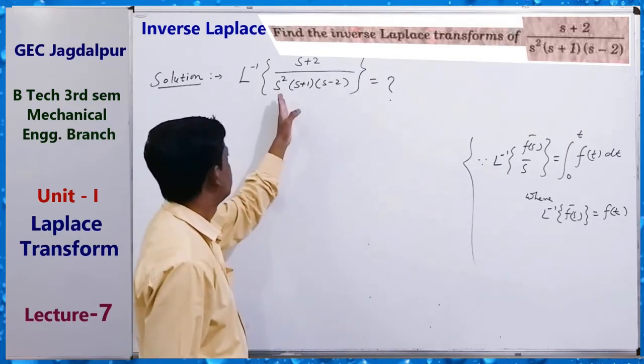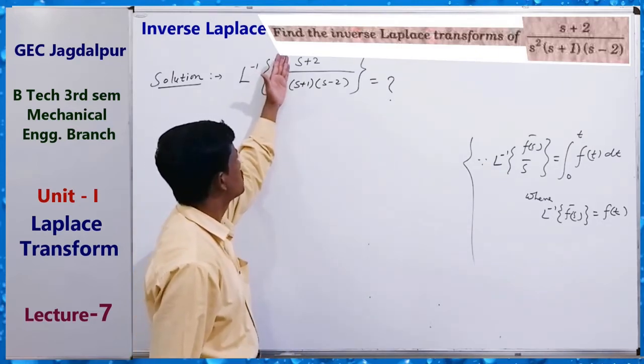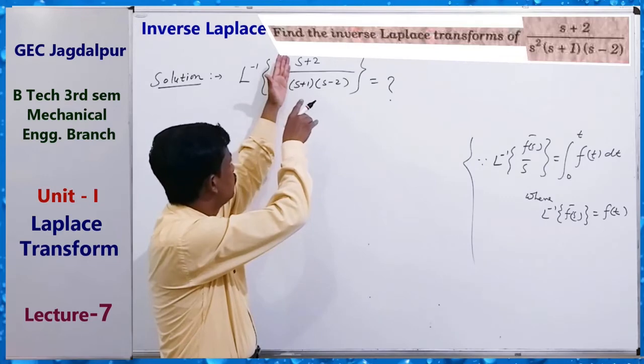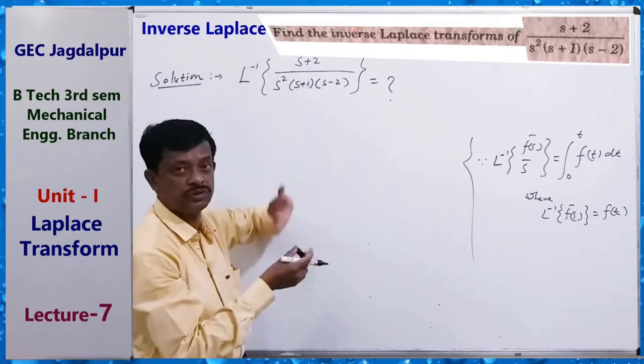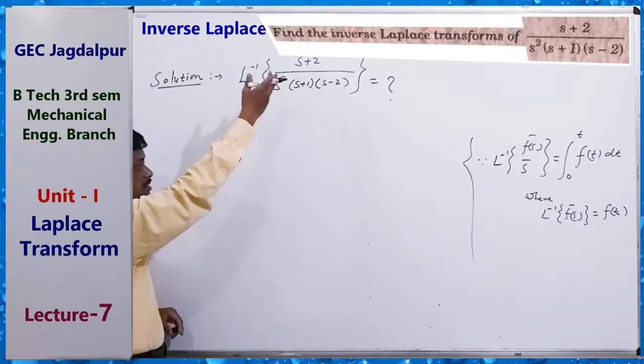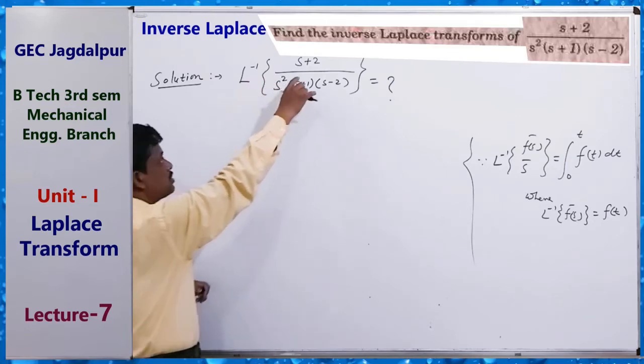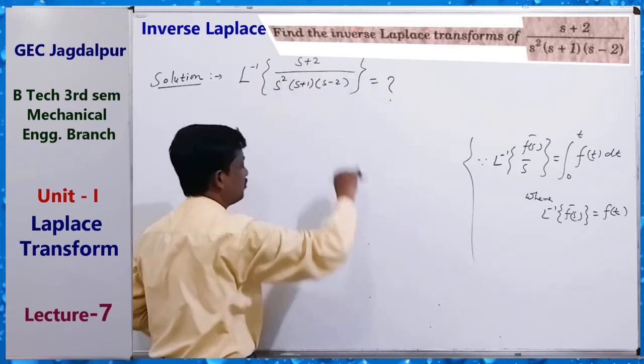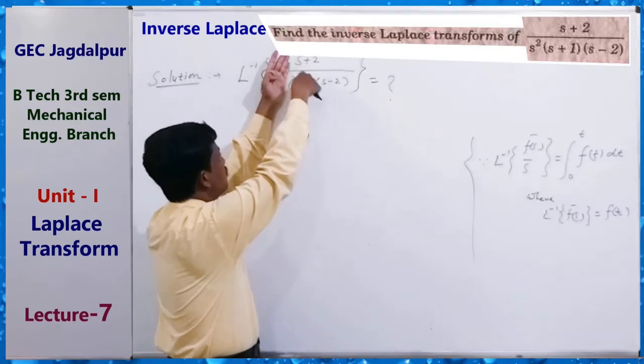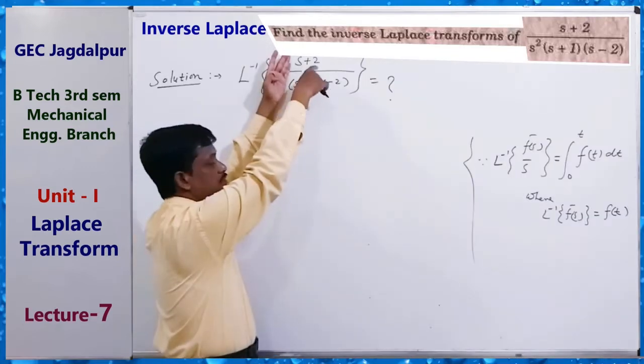So first of all, we have to find the inverse Laplace transform of s plus 2 by s plus 1, s minus 2. For this we have to partially factorize it. First of all, we have to find the inverse Laplace transform of this Fs bar.